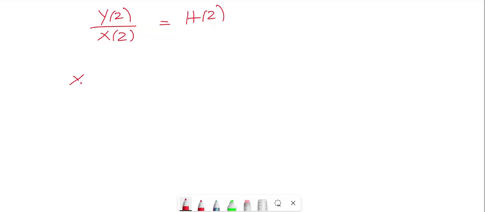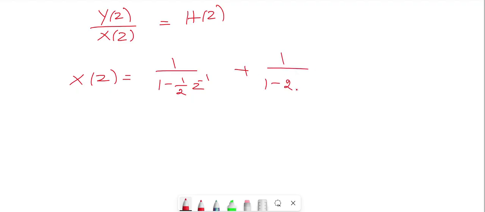So x of z, for example, is 1 by 1 minus 1 by 2 z inverse, plus 1 by 1 minus 2 z inverse, plus 1 by 1 minus 5 z inverse. Take this example. So what are the poles?